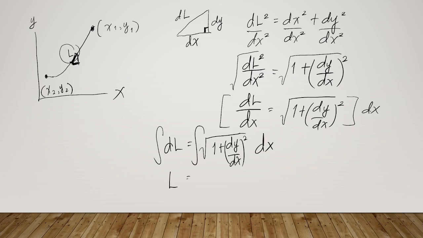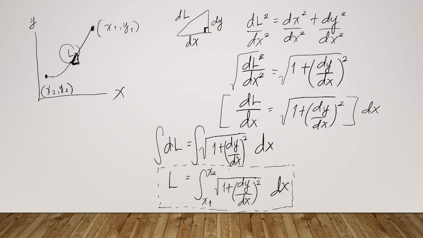This is L is equal to integral of square root of 1 plus dy over dx squared, dx. After that, syempre, meron tayong ranges dito. Ang range natin is from x sub 1 to x sub 2 since naka in terms of dx to. And this is your first formula for arc length na naka-base sa x.